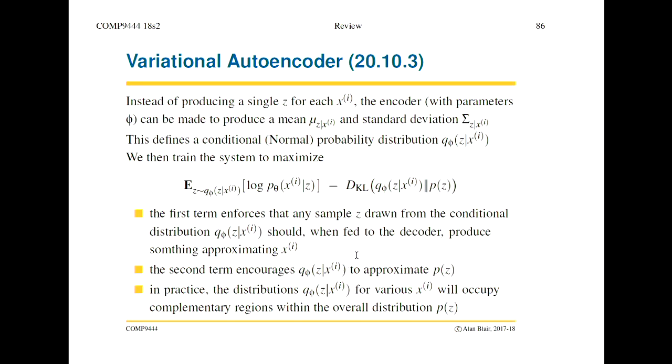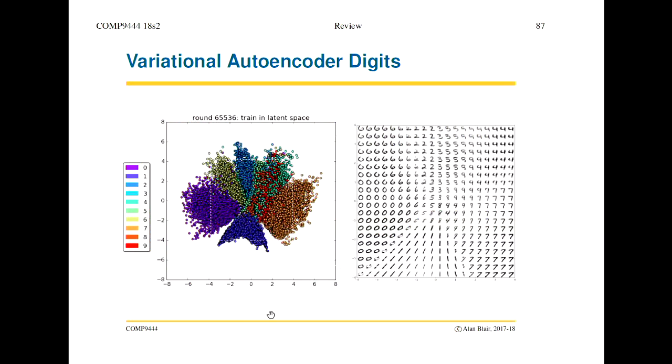So if an actual image goes through the encoder and then the decoder, it should get something that looks like the original image that was fed in, but then these latent variables can't just bunch up or collapse. They have to spread out to cover the Gaussian distribution. So this is the idea with a variational autoencoder.